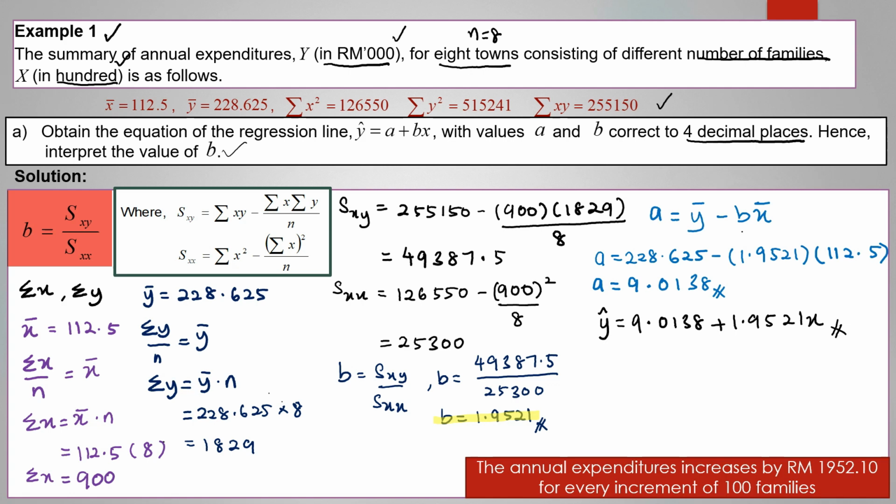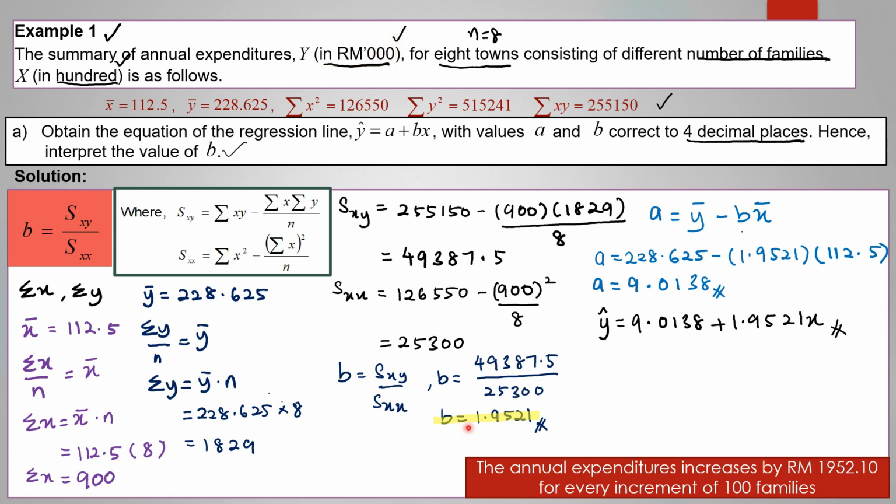If you can see here, we have the value of B 1.9521. So here, you need to convert or you need to times with 1000 since we have the unit in Y should be in thousand.